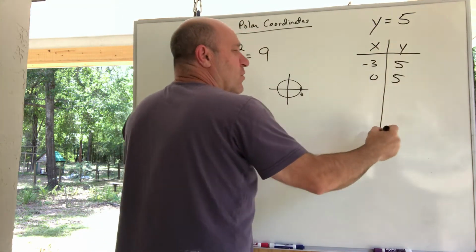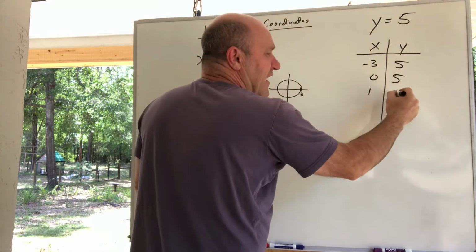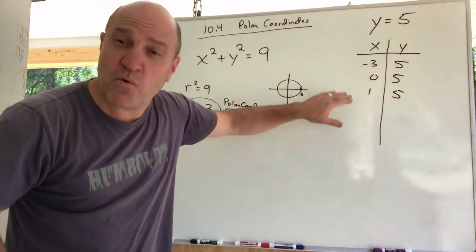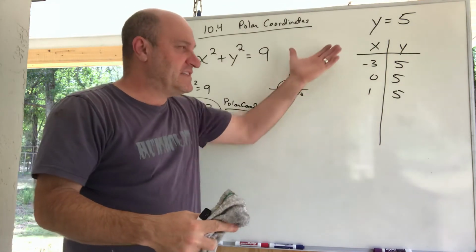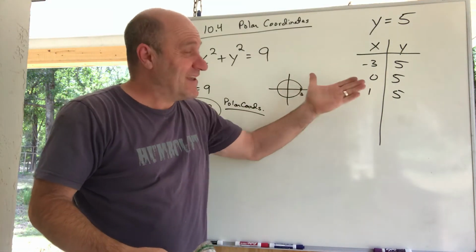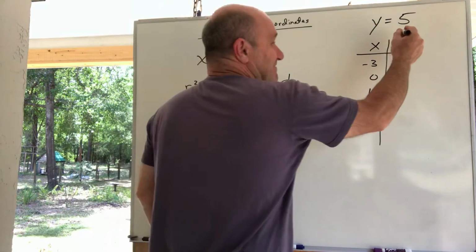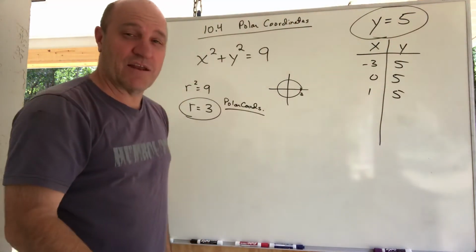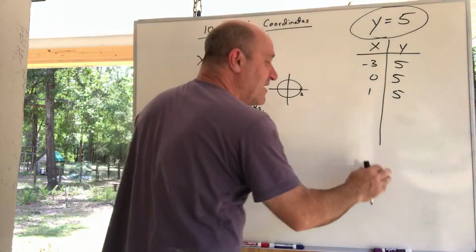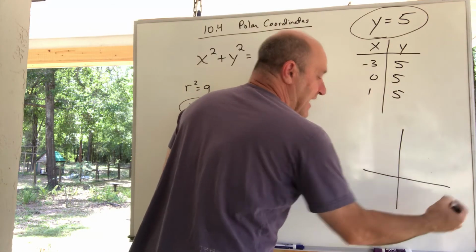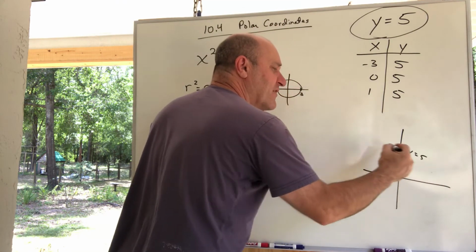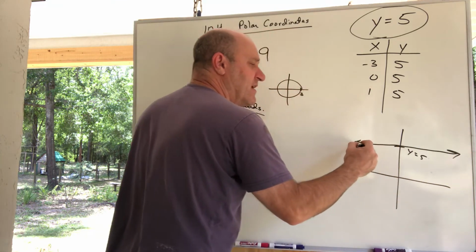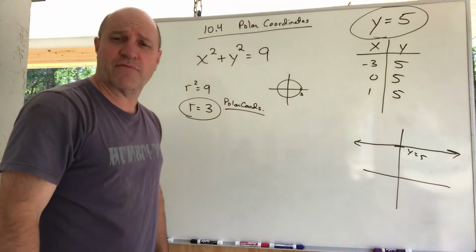Y is 5. What about when x is 1? Y is 5. And the point is, x can be whatever it wants. It takes on all values, and y is stuck on 5. That's what happens in this rectangular equation. Visually, x gets to be whatever it wants while y is stuck on 5, so you get this horizontal line, y equals 5.